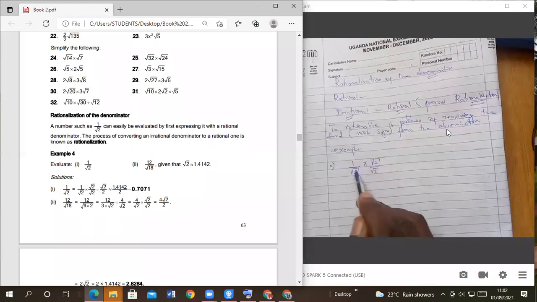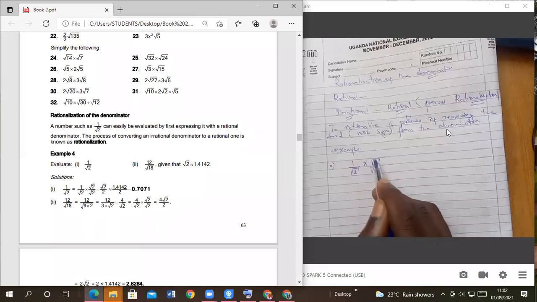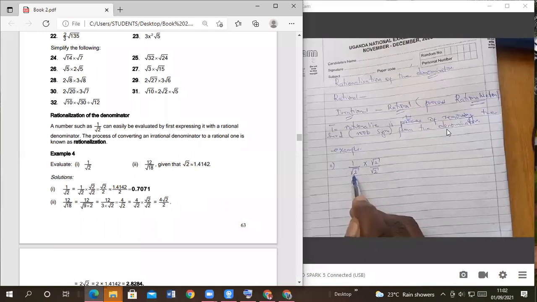The square root is this one, because I want to remove the square root from down here. But to remove it, I have to multiply both numerator and denominator by the same square root here. Okay? Is it okay now? No, I've still not understood.